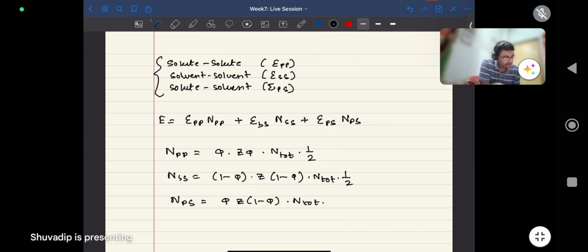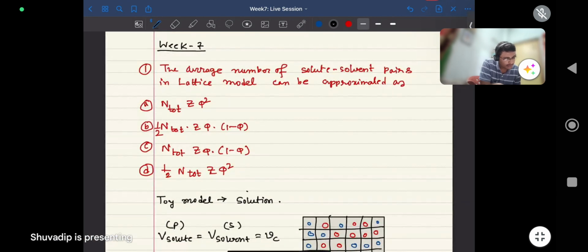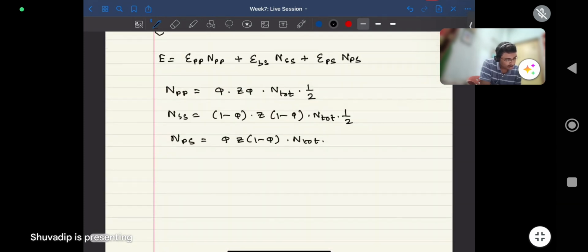So our question was how many solute-solvent pairs, that means PS pairs, are there. So that comes out to be z into phi into 1 minus phi into n total.